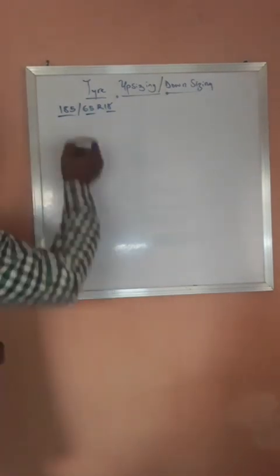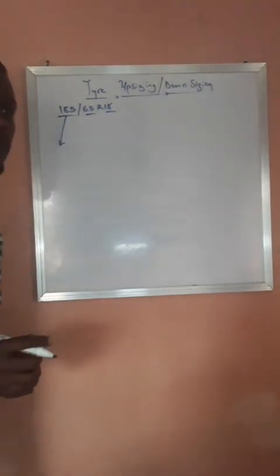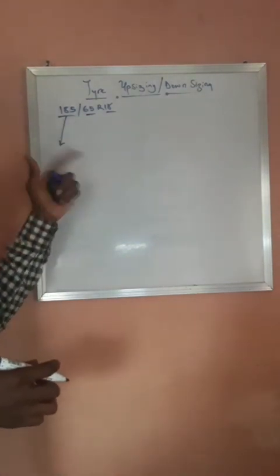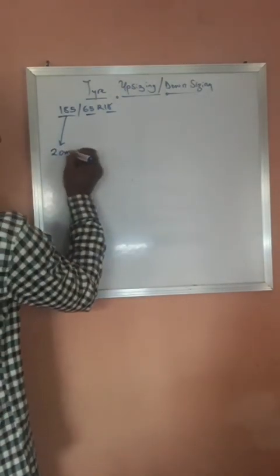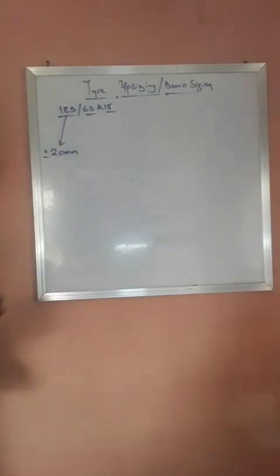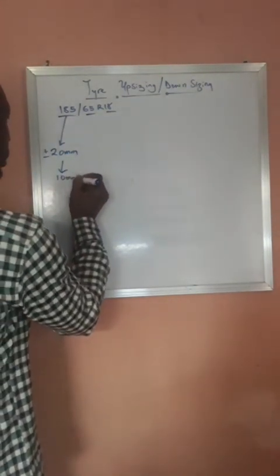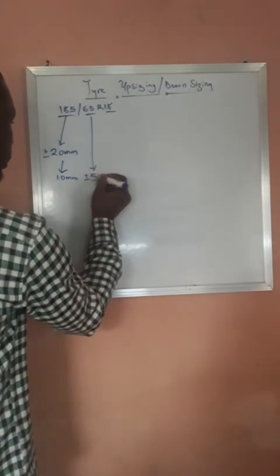So, during upsizing and downsizing, the maximum permissible width change is plus or minus 20 millimeters, and for every 10 millimeters the aspect ratio will have to reduce by 5%.